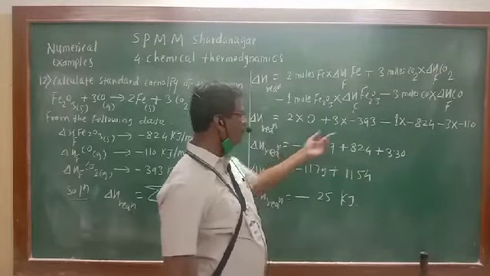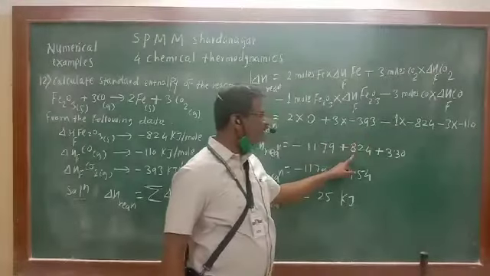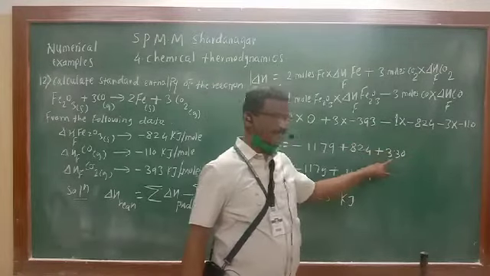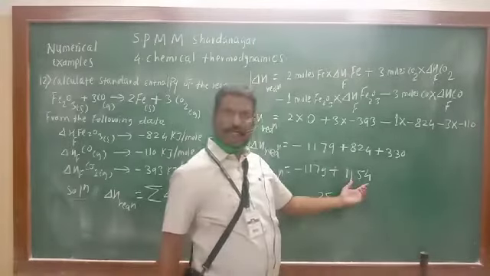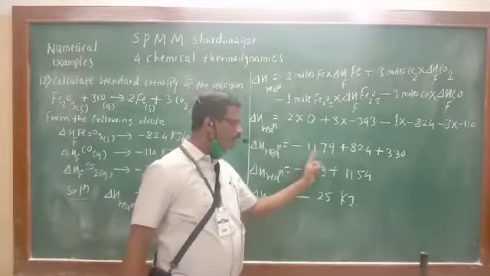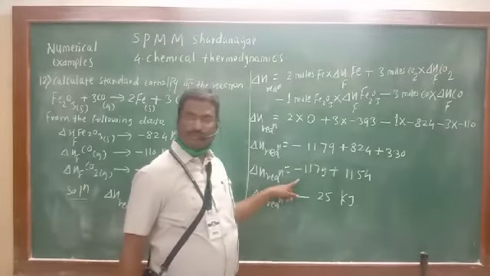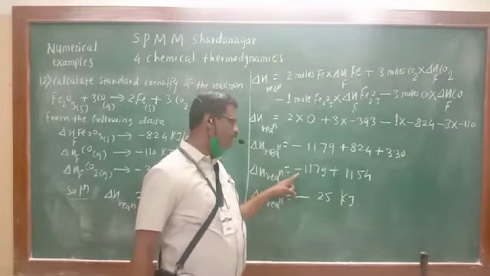This is 0, this is minus 1179, this is plus 824, and this is plus 330. So doing addition, this is 1154, this is minus 1179. Among these two terms, which is the bigger one? Is it negative or positive? Negative.